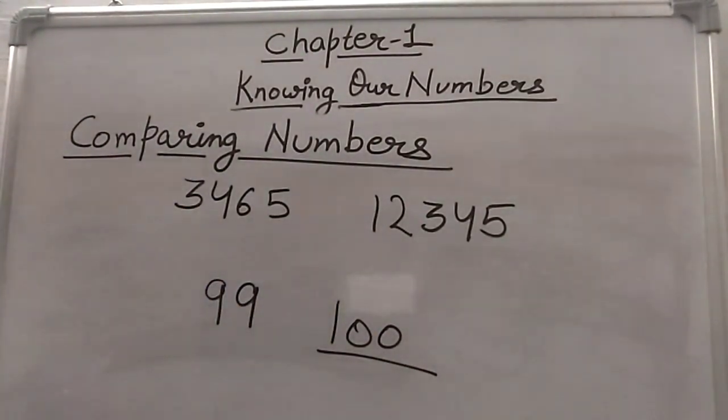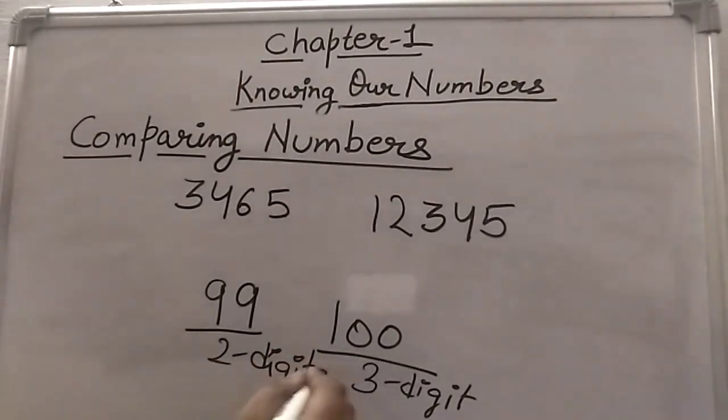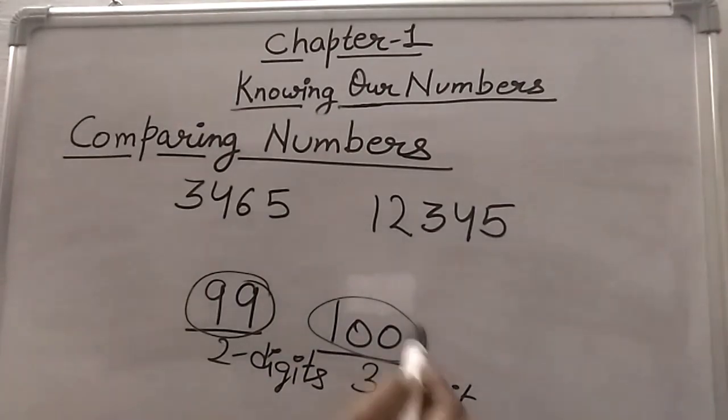We all know 100 is the greater one and 99 is the smaller one. We can see 100 contains 3 digits and 99 has 2 digits. So from this we can say the number which has less number of digits will be the smaller one, and the number with higher number of digits will be the greater one.